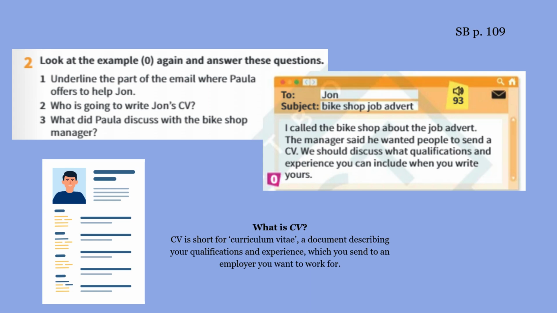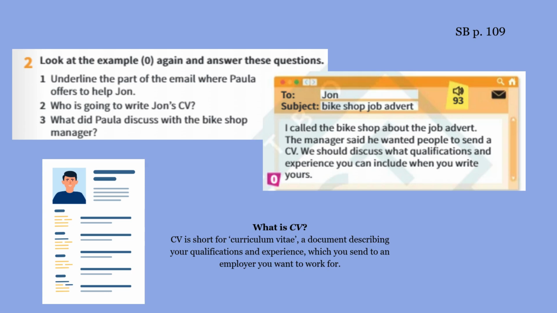It's exercise 2. You need to look at the example again and answer these questions. Let's read them. 1. Underline the part of the email where Paula offers to help John. 2. Who is going to write John's CV? 3. What did Paula discuss with the bike shop manager?